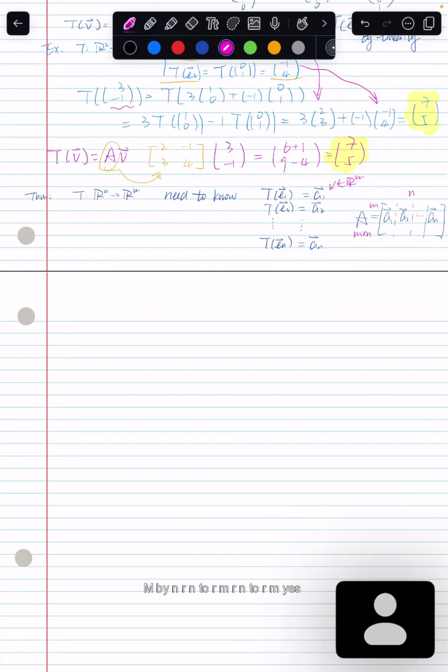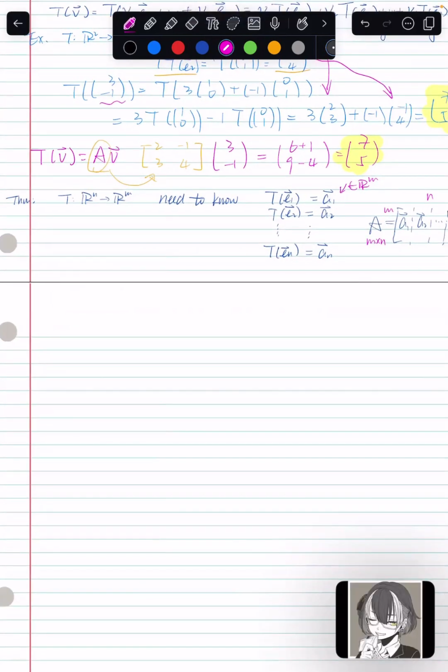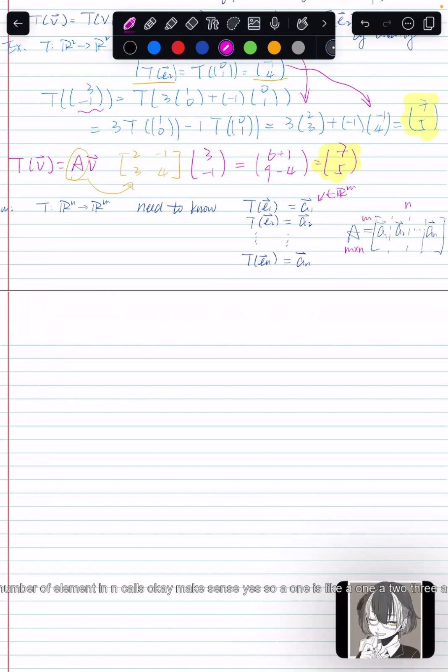Rn to Rm, yes. And in each column you have m elements and n columns. Okay, makes sense. So A1 is like A1, A2 through AM.